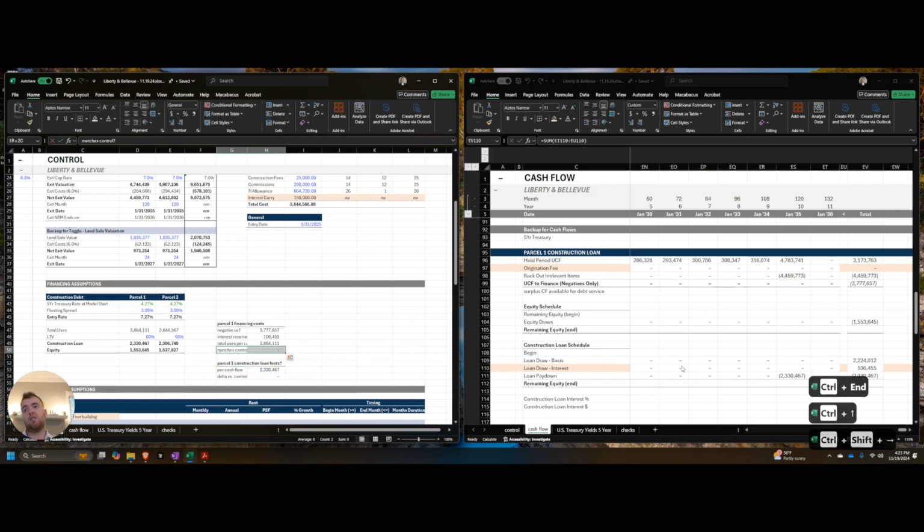Boom. So these checks now work. So for parcel 1, that's yep. So that's parcel 1.